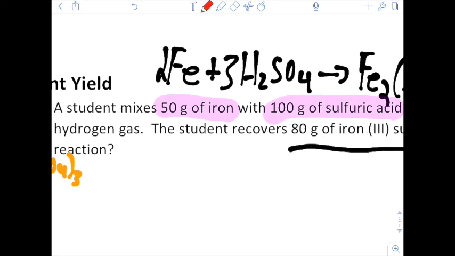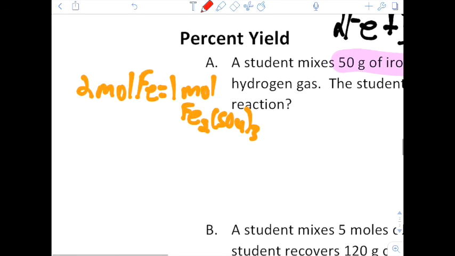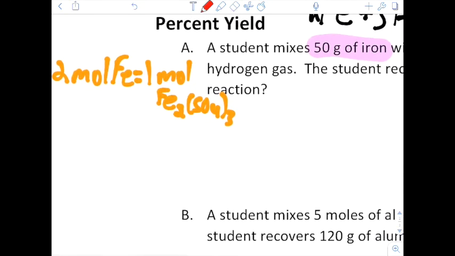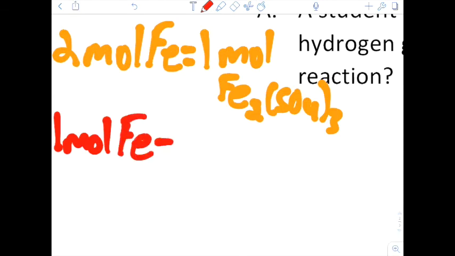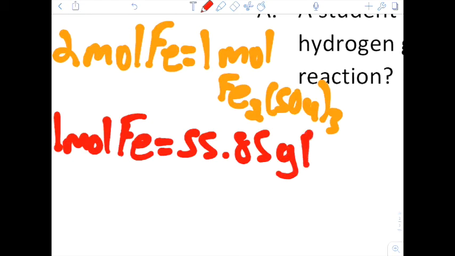So when we divide those out, we need to divide them out in the same unit, so they both need to be in grams. So our next conversion factor is we need the molar mass of iron 3 sulfate and we need the molar mass of iron. So when we look at that, we go ahead and write that down. So 1 mole of iron is 55.85 grams of iron.